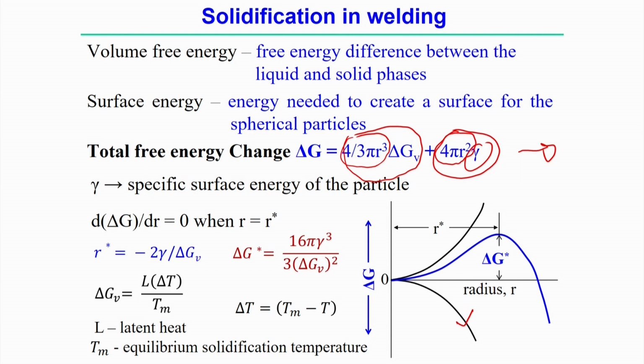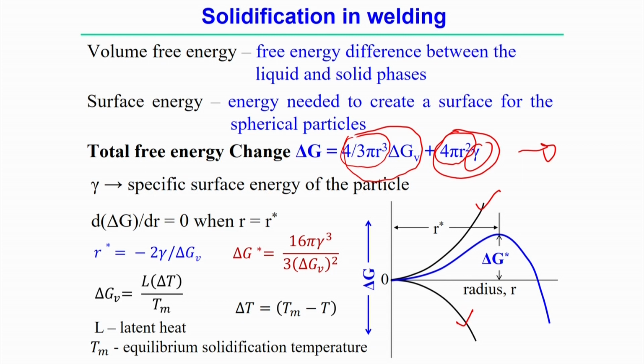It is negative, because it represents the difference between the liquid and the solid phases. The other is the second component, the surface energy to create a surface of a spherical particle. This is growing positively.